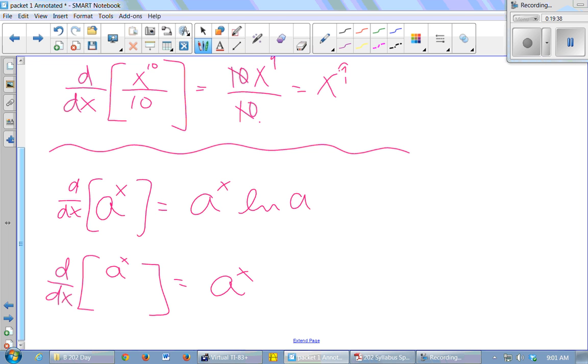And if I divide by the ln of a, that would be a constant that just comes along when I take the derivative. So it would be 1 over ln a times a to the x ln a, and my ln a's cancel. So my function whose derivative is a to the x is a to the x over ln a.